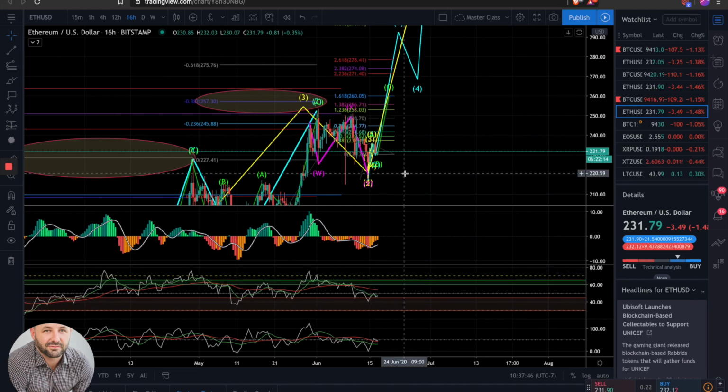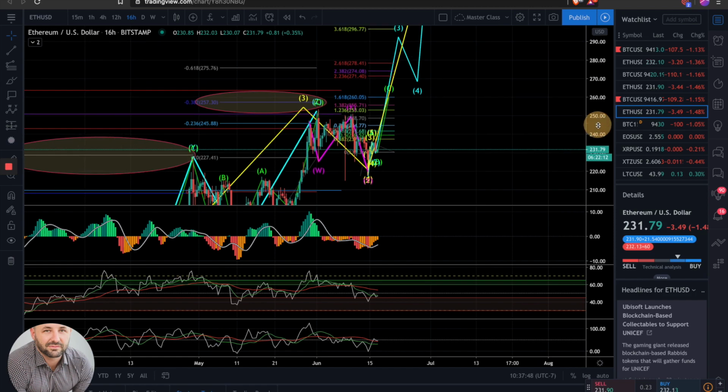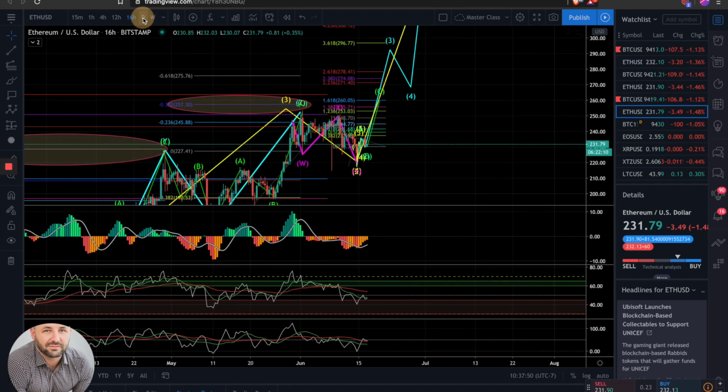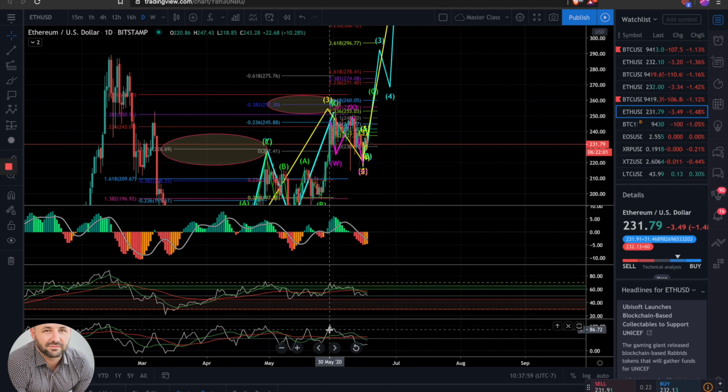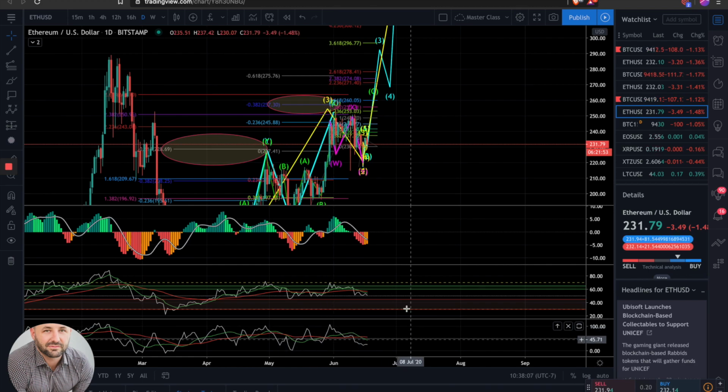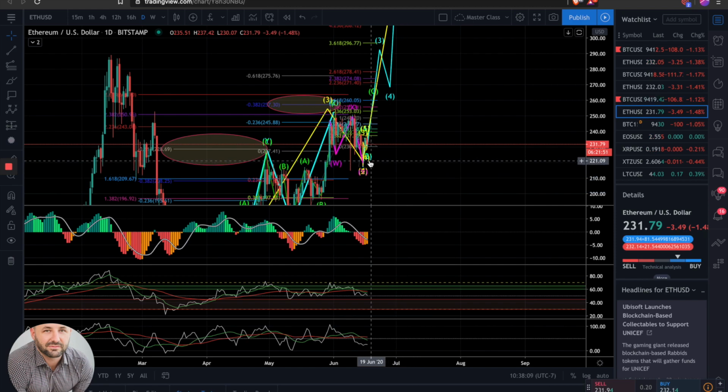Not getting a lot of bullish divergence on the 16-hour. Let's look at the daily. A little bit on the daily, not a ton. Not exactly confirmed yet either.